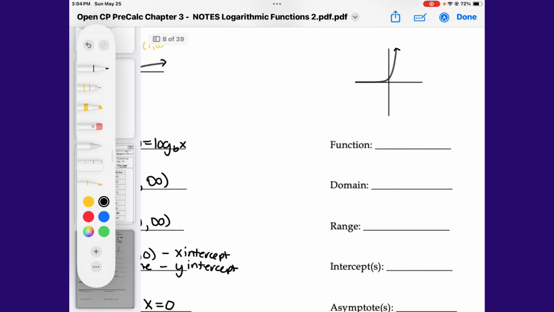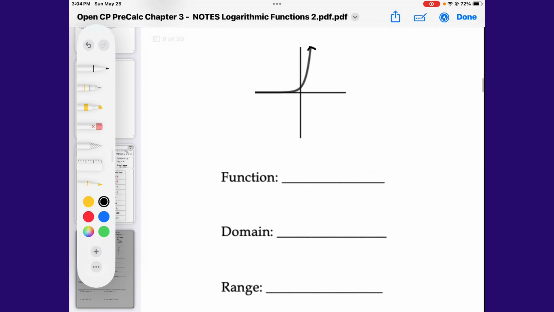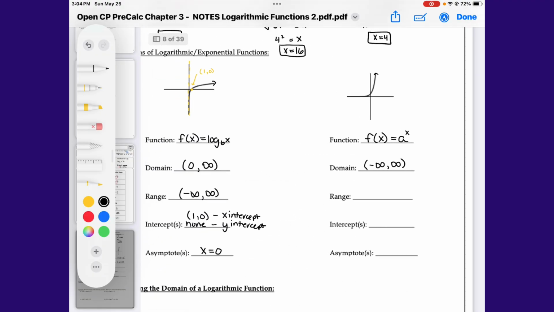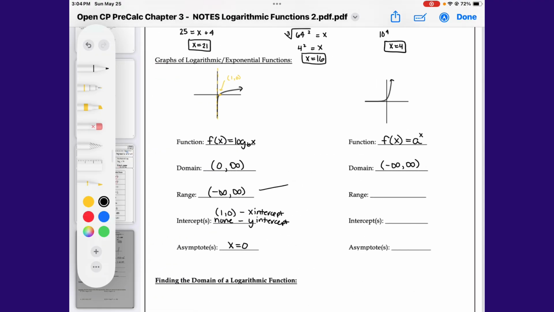All right, on our exponential function, we would say this is the parent function f of x is equal to our base raised to some unknown variable. Our domain, remember domain and range of inverses also are inverses. So the range of our original becomes our domain, and the domain of our original becomes our range.